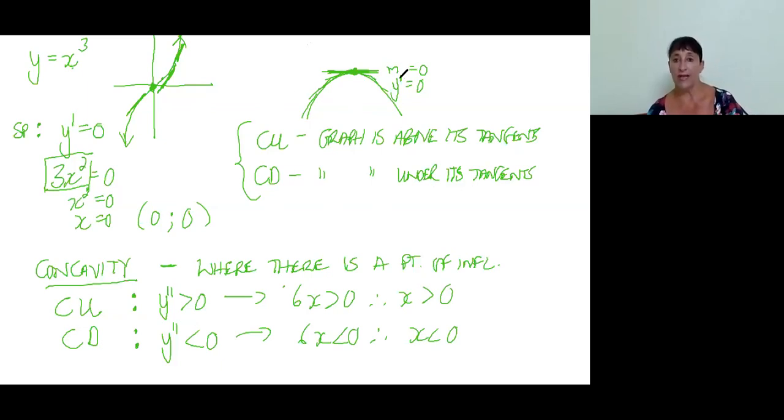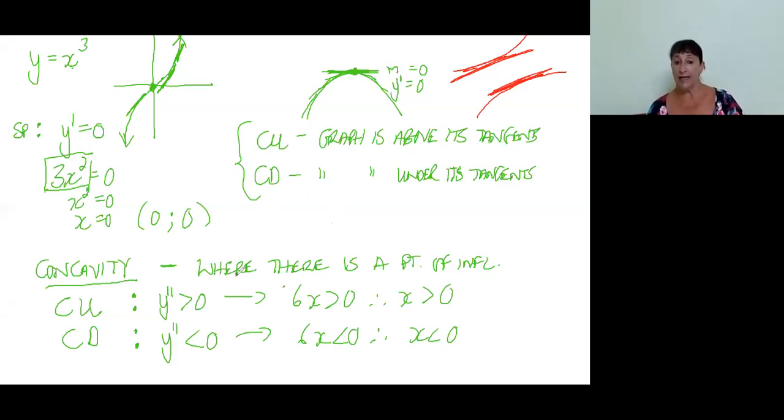Any graph that curves like this, if you draw the tangent and the graph is above the tangent, it is concave up. Whereas if a curve curves like that, if you draw a tangent, the graph is under the tangent. That is concave down. So there we go, that is a nice run over of concave up and concave down.